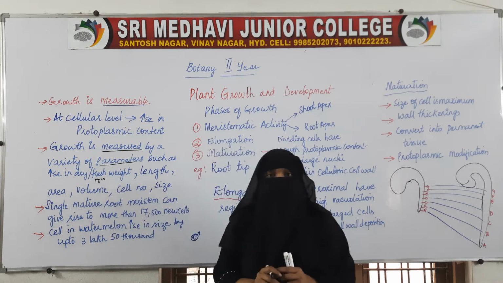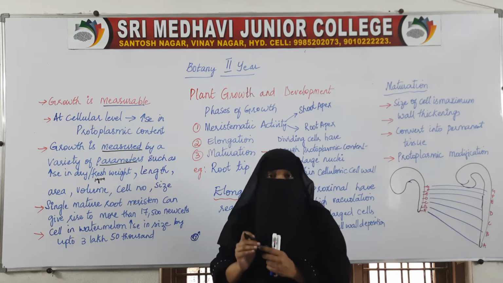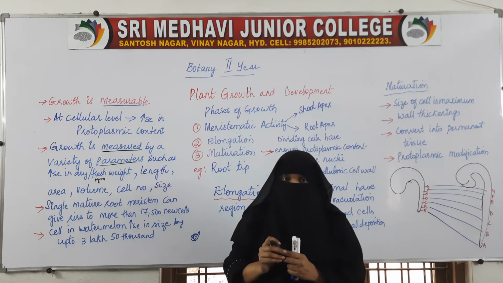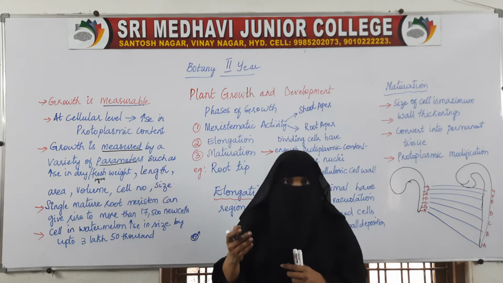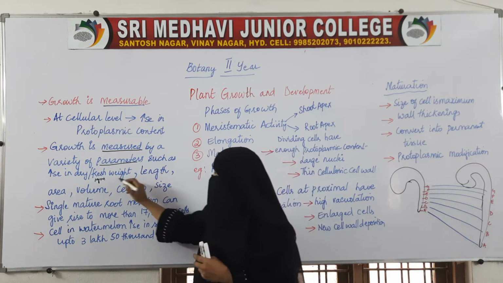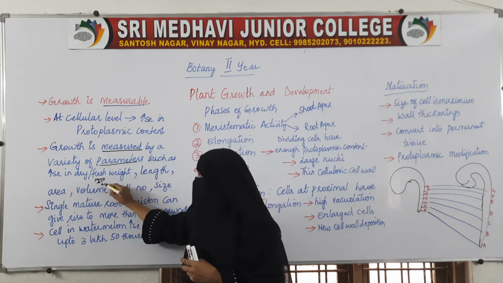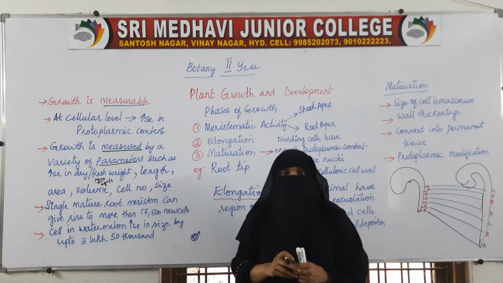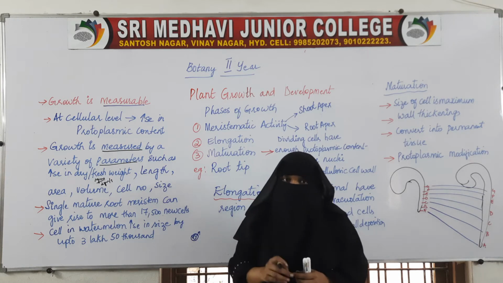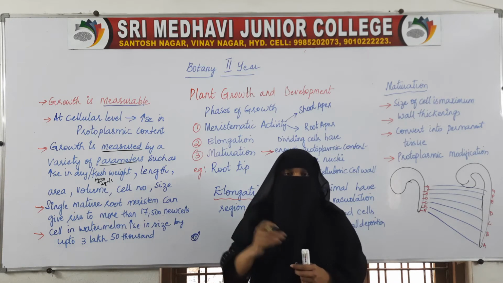After a few days or after some months, you go and weigh it again, and it will be 2 gram or 3 gram. So this shows that the weight has increased.